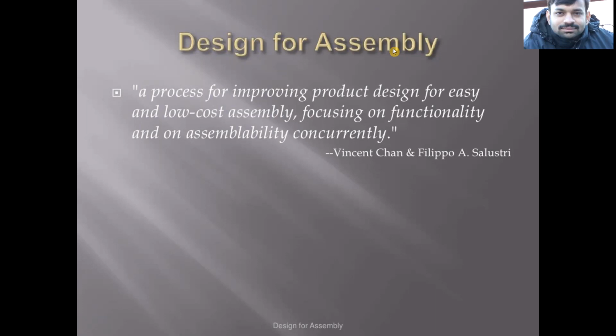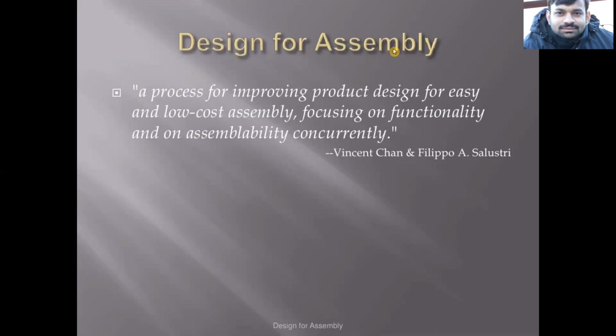So, what is meant by design for assembly? It is a process for improving the product design for producing a low cost assembly. That is, when the assembly is done, it should not incorporate high costs, and it focuses on the functionality and assemblability.